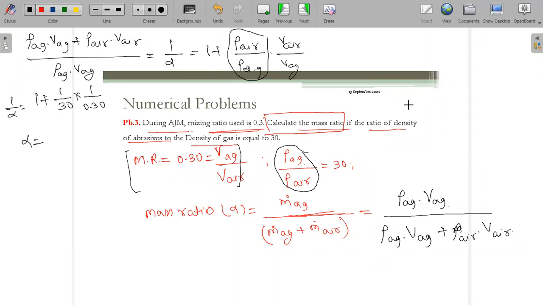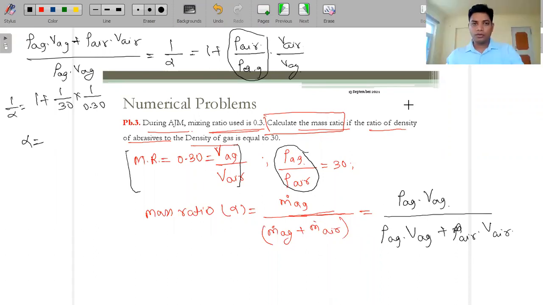No, sir, 1 by alpha. Okay, 1 by alpha. Then just get the value of alpha. So it's 0.230. Guys, please cross check this value. Okay, what is the value of alpha that you are getting?